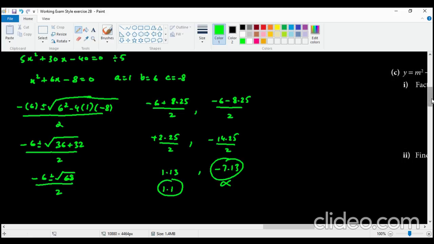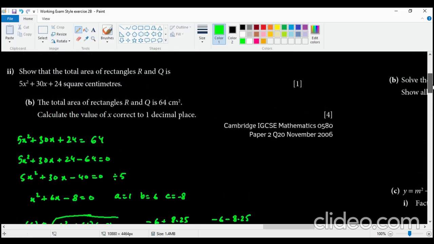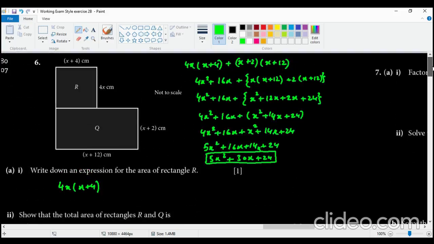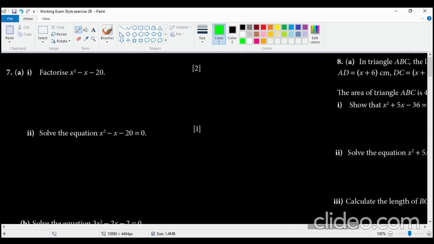Moving on to part, okay, there's no other part. Moving on to question number 7 now. In here it says we need to factorize this. So I can factorize this very easily. X square, because 5 times 4 is a 20, and minus 5x plus 1x minus 20.